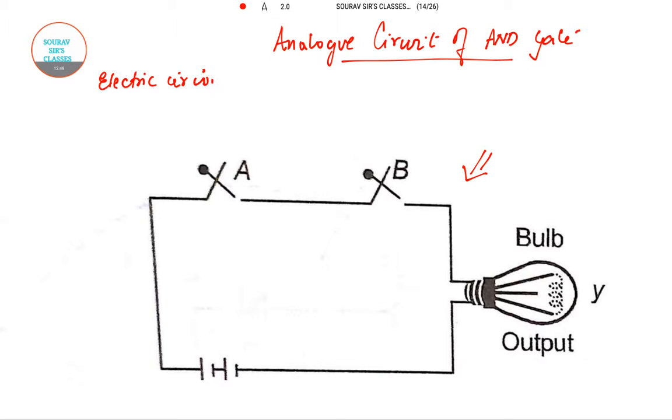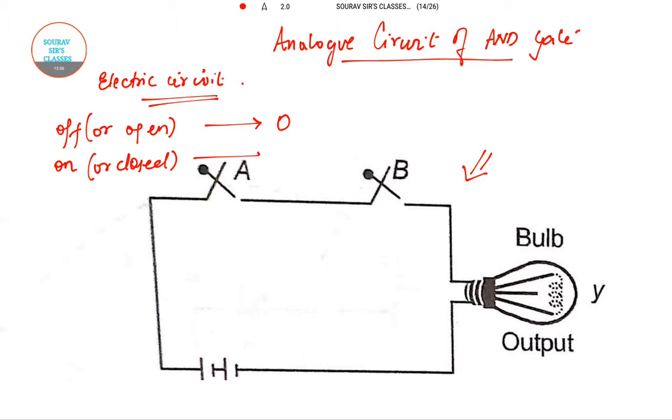In this arrangement, off, or we can also use the word open, corresponds to 0, and whenever I use the word on, it means closed, so it corresponds to 1. Now the inputs are introduced through the switches A and B, and the lightning bulb is our output.